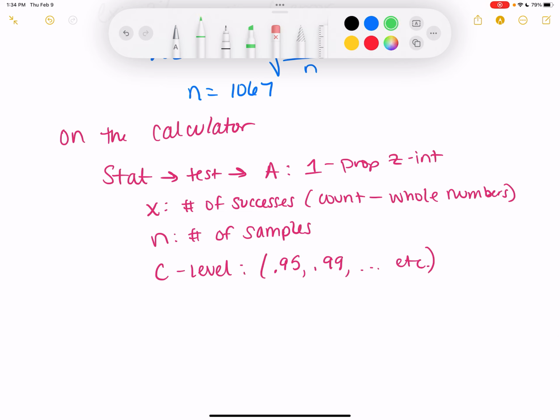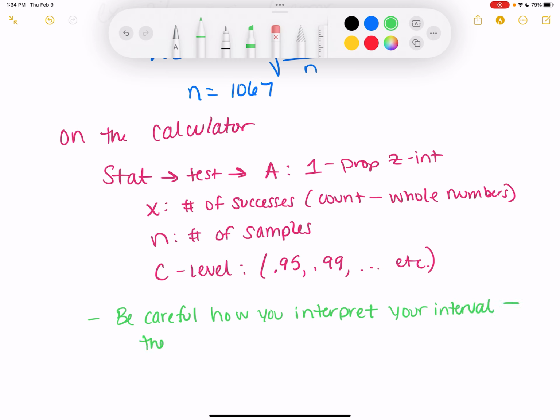So then just a couple of things to be aware of, watch out for. Be careful how you interpret your interval.